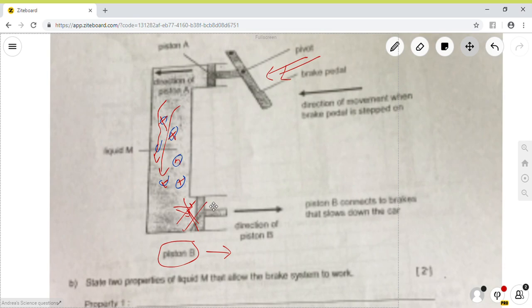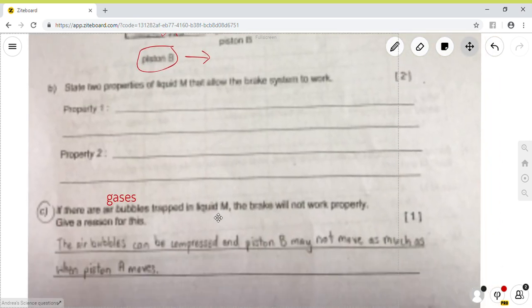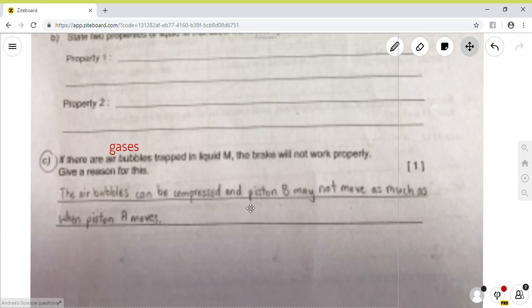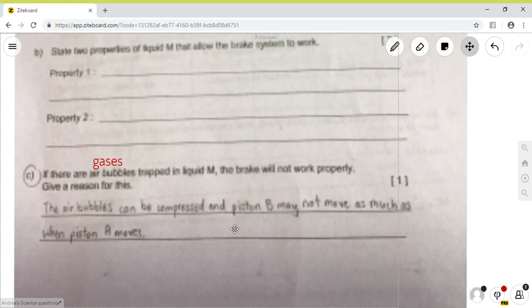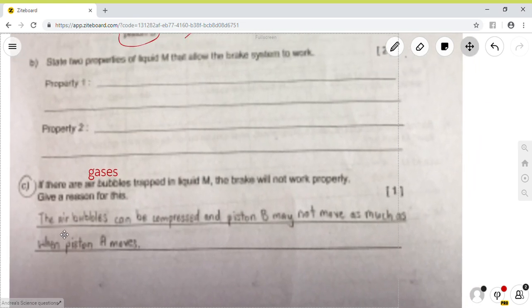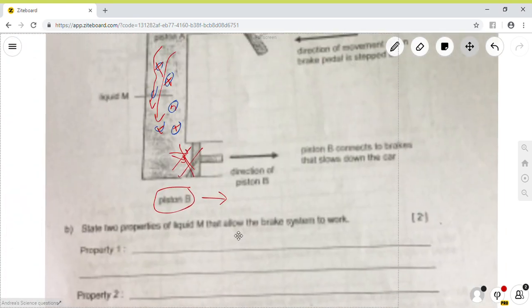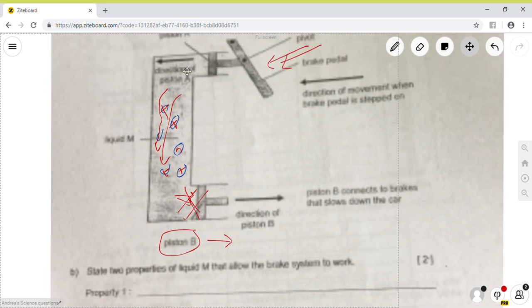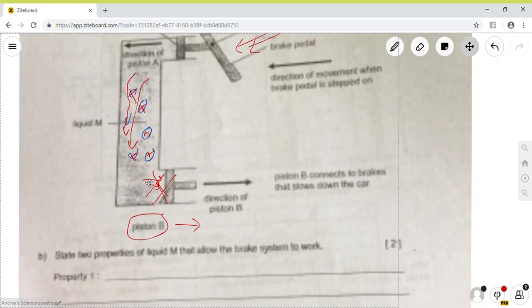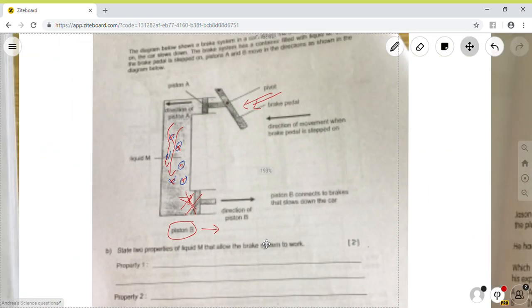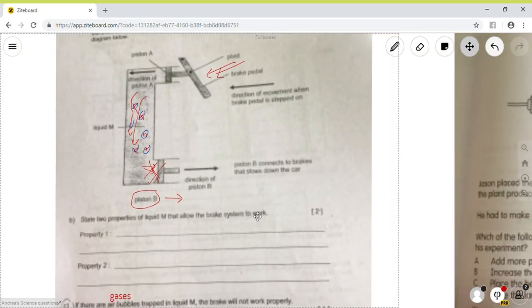This is why the answer is this: the air bubbles are compressed and piston B may not move as much. When you push this thing, instead of pushing the piston, the bubbles get compressed, so you cannot push it in the direction.